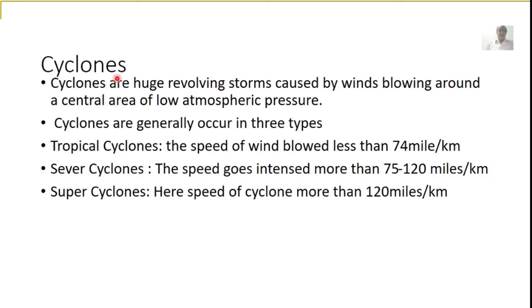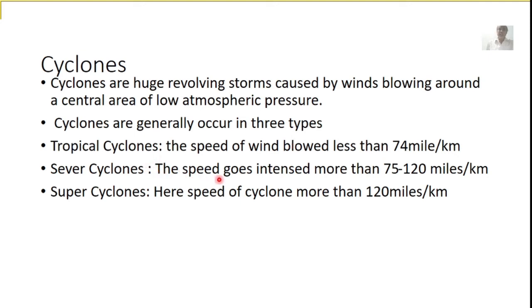Cyclones. Cyclones are huge revolving storms caused by wind blowing around a central area of low atmospheric pressure. Cyclones are generally cyclic, meaning spiral snakes. Cyclones generally occur in three types. Tropical cyclones: the speed of wind less than 74 miles per hour are called tropical cyclones.